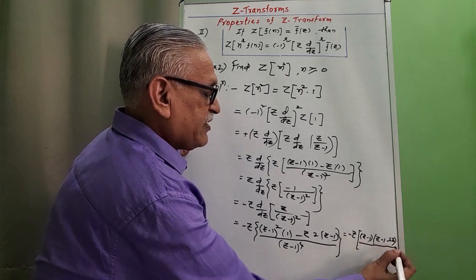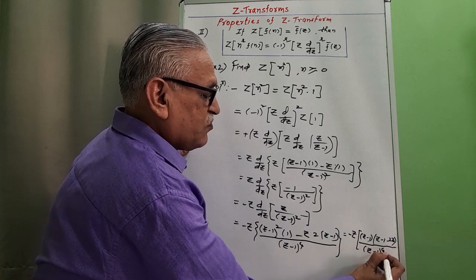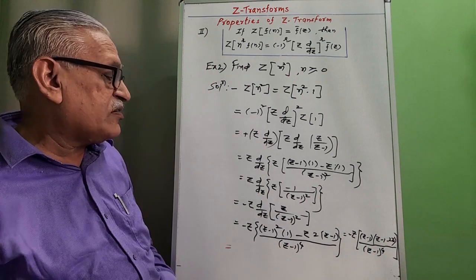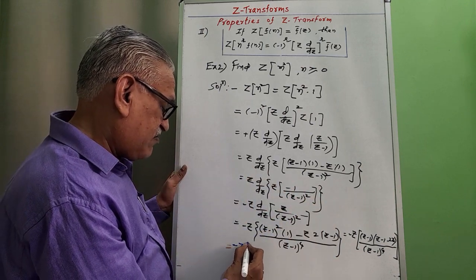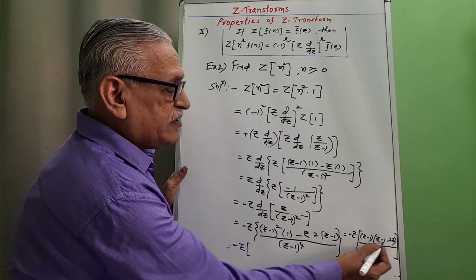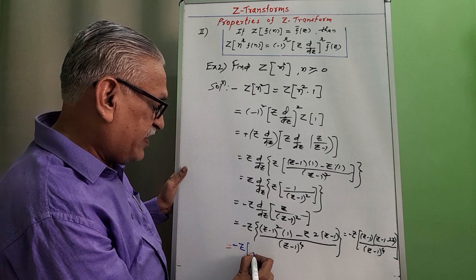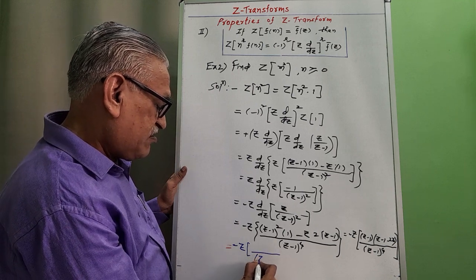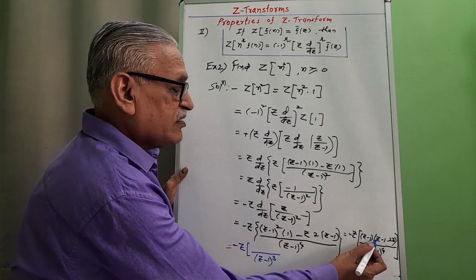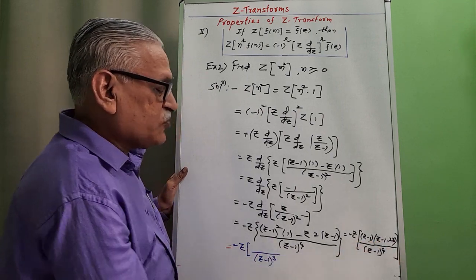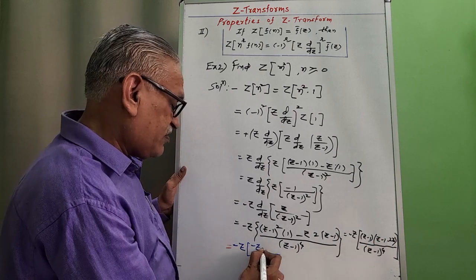And whole divided by z minus 1 whole raised to 4. Minus z multiplied by z minus 1 cancels with one z minus 1. Therefore, the remaining term is here z minus 1 whole raised to 3. Z minus 2z, we get minus z and minus 1.